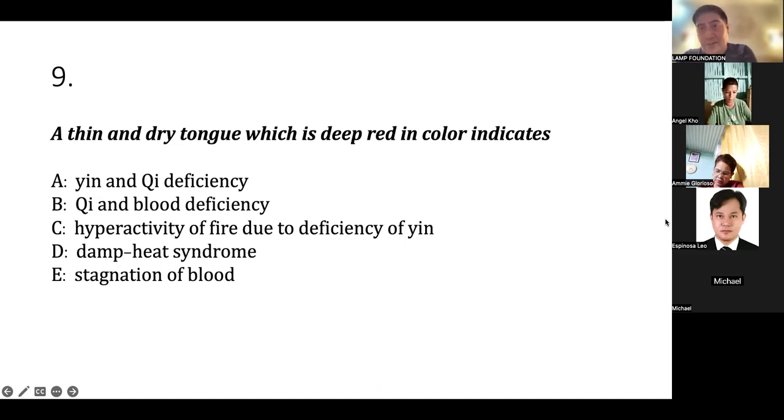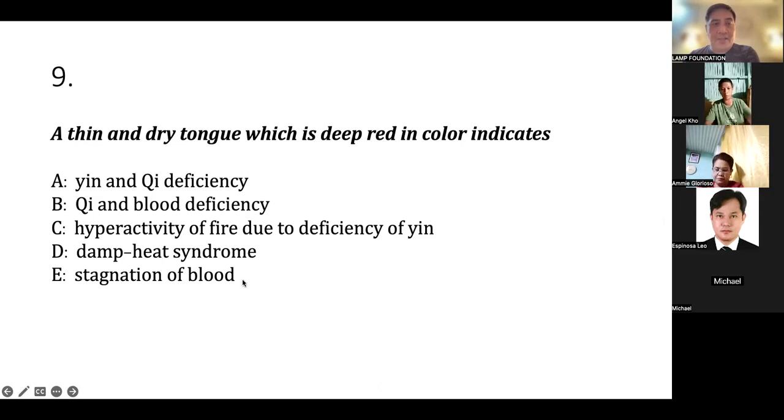And of course, dry. And this time, the person will need water. Can you follow? So, deep red. Remember, it's deep red. It's not only red. That means it's too matagal already. Okay? Now, let's go to number 10, Ma'am Angel.